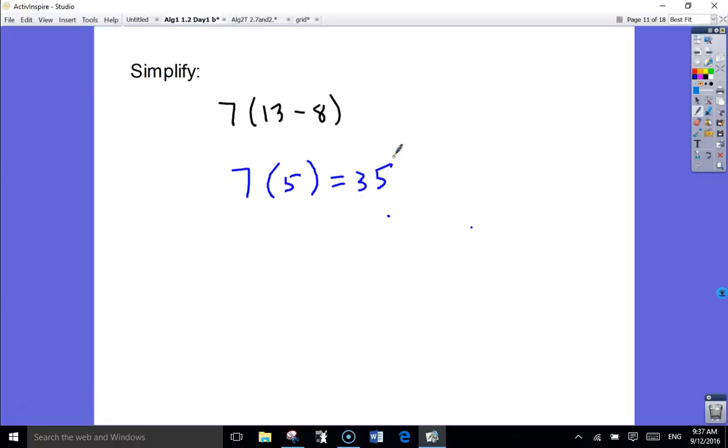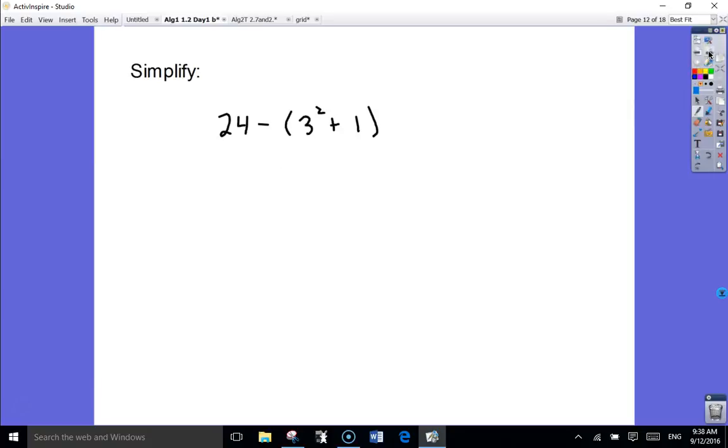Now, I've seen students, even at this point, do distributive property on something like this to get 7 times 13 and 7 times 8, when in fact, since you know all the numbers inside the parentheses, you've got to be simplifying that, right? Don't make it harder than it has to be. So when there's parentheses, they rise to the top of your list of what to do.